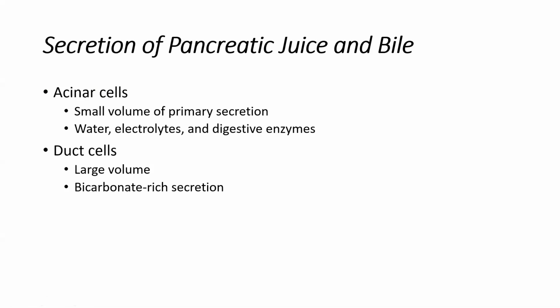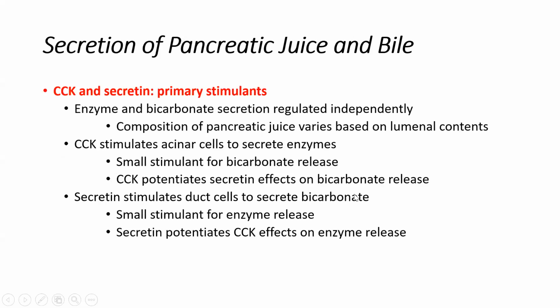So these are the areas of the pancreas that have two different types of secretions that are being released onto the duodenum. So there are certain hormones that are going to influence the pancreas and the gallbladder to either promote secretion or to inhibit secretion into the duodenum.